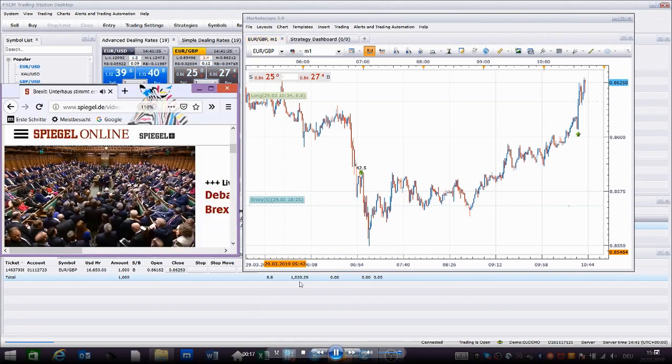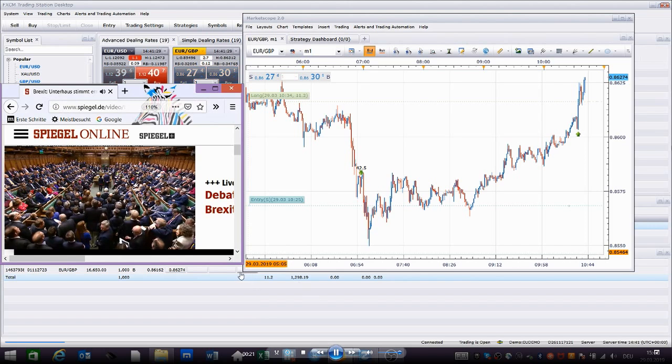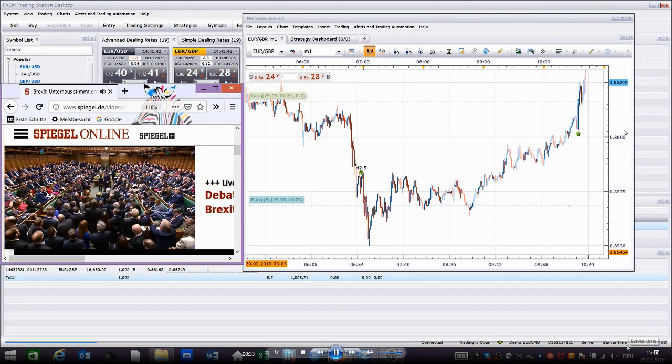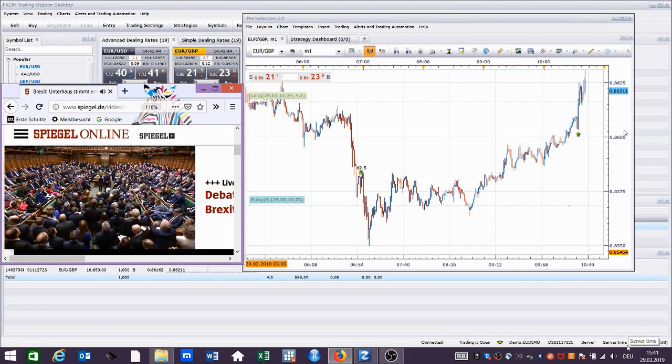You can see here my profit is 1,100 euros. The exchange rate is going upwards, upwards, upwards. This is what I expected. So in case the upper limit is reached, I expected that the British pound will be weak.